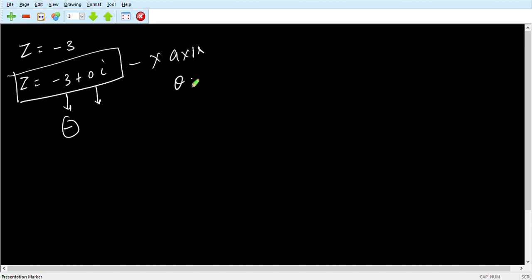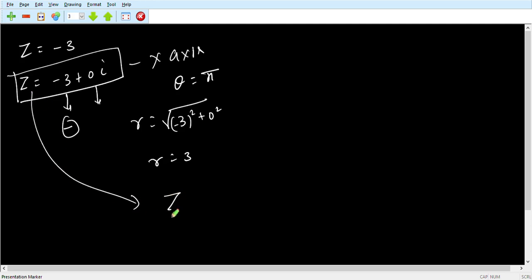So theta will be pi, and r is equal to under root minus 3 square plus 0 square, so r is 3. The complex number can be written in polar form as 3 bracket cos pi plus sine pi iota.